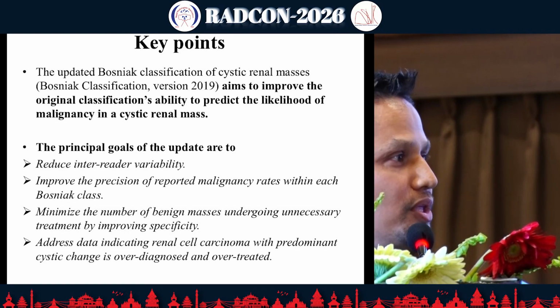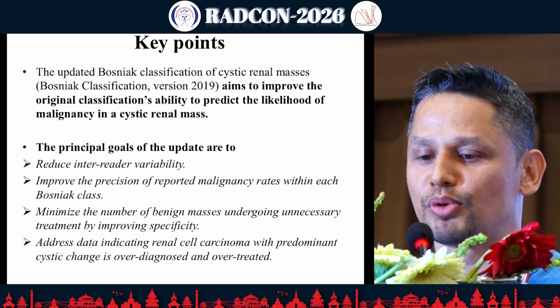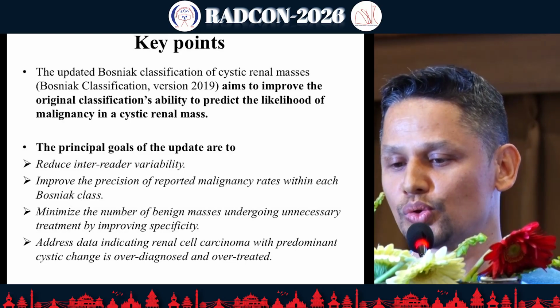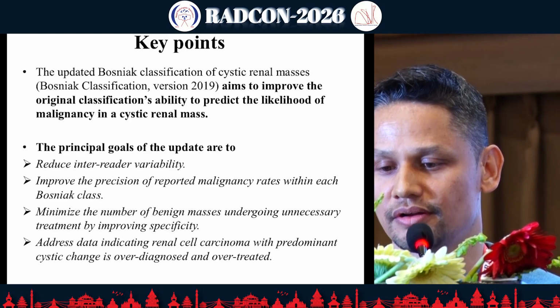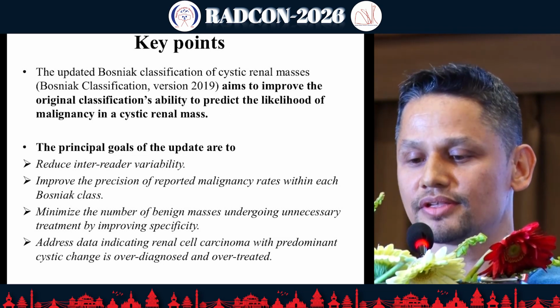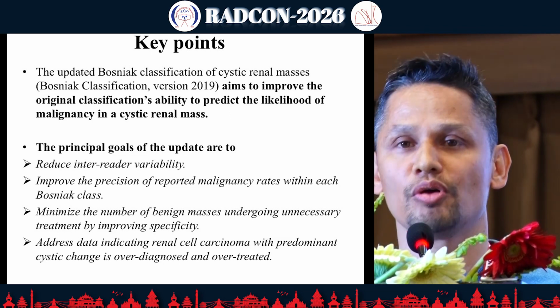So the key point of this updated classification is to improve the original classification's ability to predict the likelihood of malignancy in cystic renal masses, so that we can reduce inter-reader variability and improve the precision of reported malignancy rates with each Bosniak class.